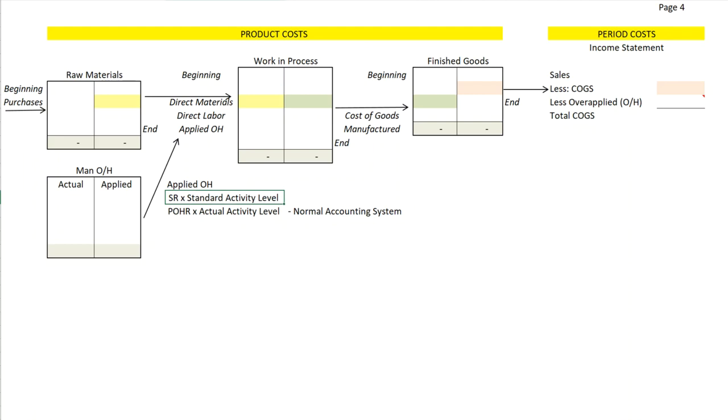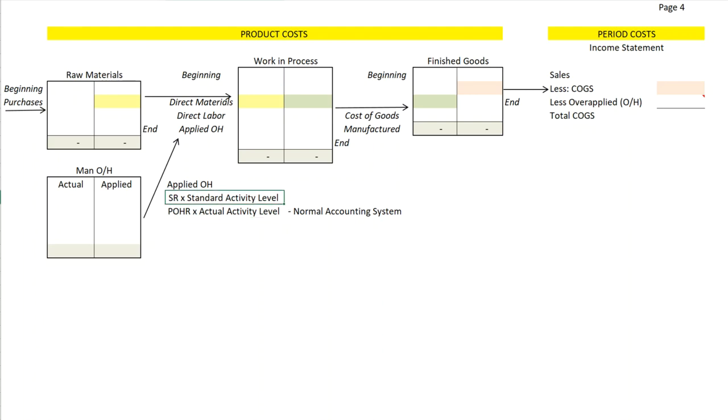I should point out here that that standard overhead rate is the same thing as our predetermined overhead rate. Predetermined overhead rate was based on estimated cost and estimated activity levels. That's basically what standards are. So in our normal accounting system, we use a standard rate and an actual activity level.